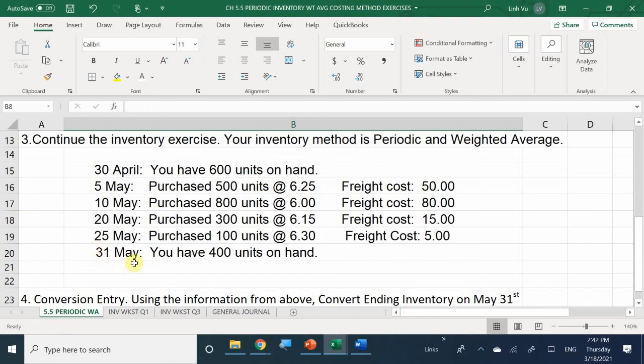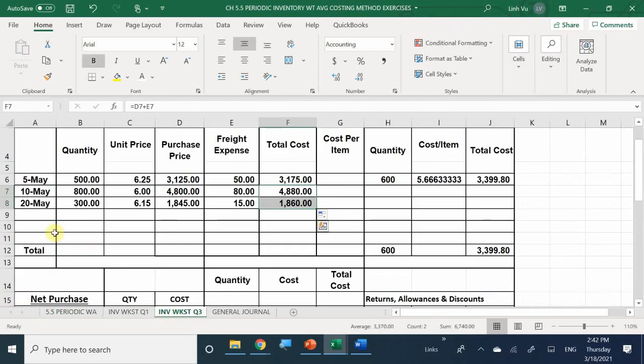So what happened on May 25th? We purchased 100 units at $6.30 with a freight of $5. So here I am, May 25th, purchase of 100 items at $6.30 with a freight of $5. I would call BS on that $5 because I've never seen nothing ship for $5.